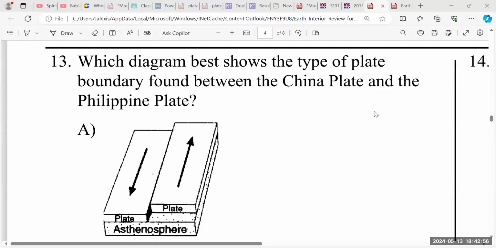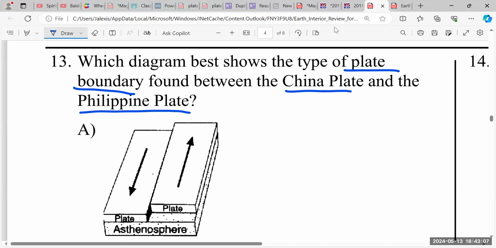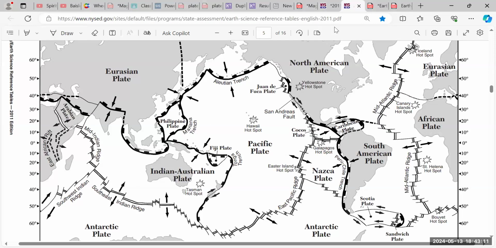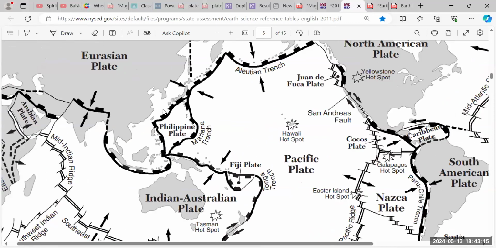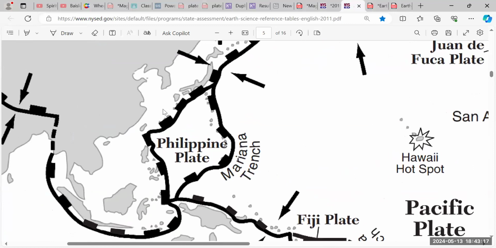All right, number 13. Number 13 says, which diagram best shows the type of plate boundary found between the China plate and the Philippine plate? All right. So once again, I'm going to go to page 5 of my reference tables. Now, what's interesting is that I see the Philippine plate right here.